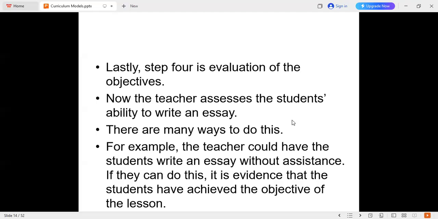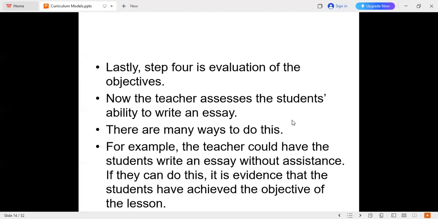Finally, evaluation of the objective. Now the teacher assesses the student's ability to write an essay. Here, according to his model, we have no formative exam, only summative.